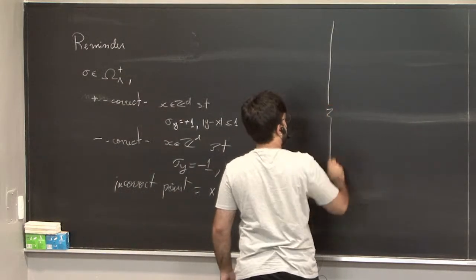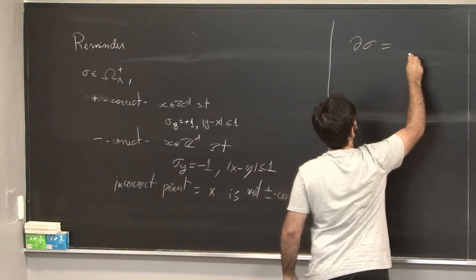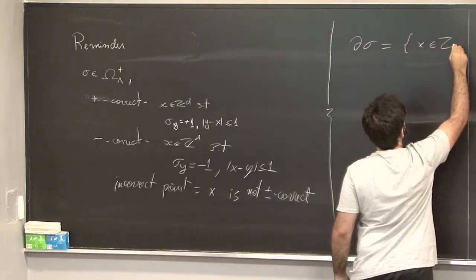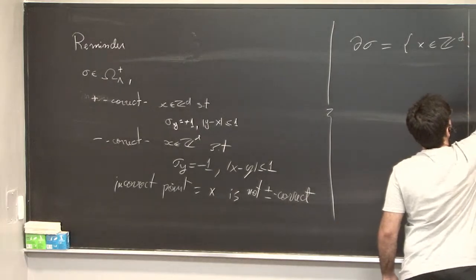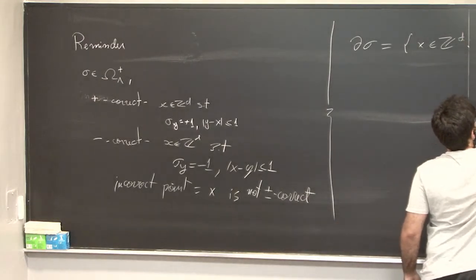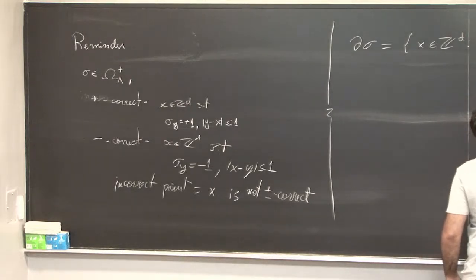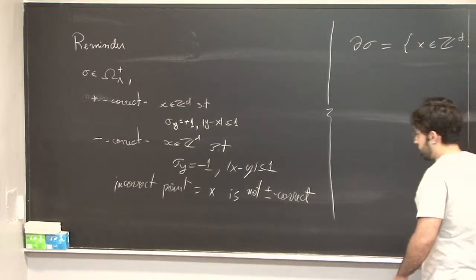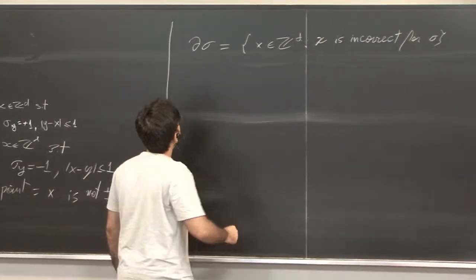So we defined the boundary of a configuration as being the collection of all points in Z^d such that x is incorrect for sigma. So this is a definition that depends on sigma. And then we defined the contours.